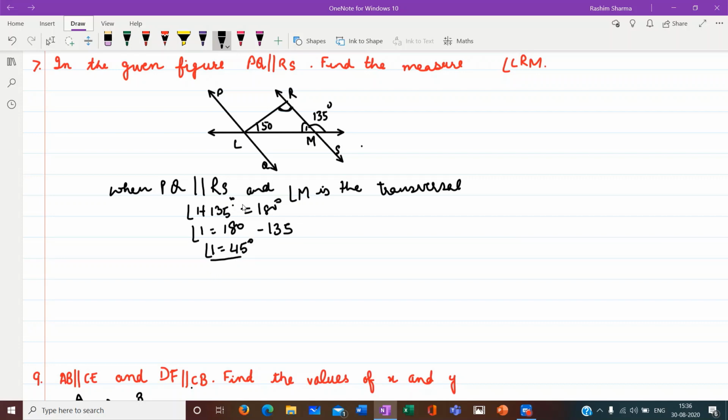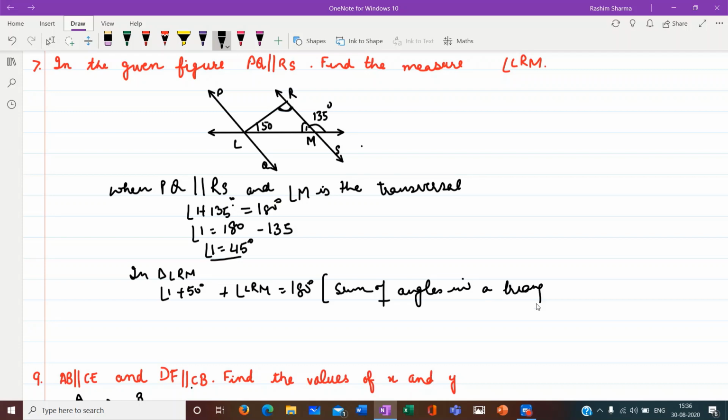Alright. Then in this triangle LRM, we have angle 1 plus 50 degree plus angle LRM equal to 180 degree, because the sum of angles in a triangle is equal to 180 degree.